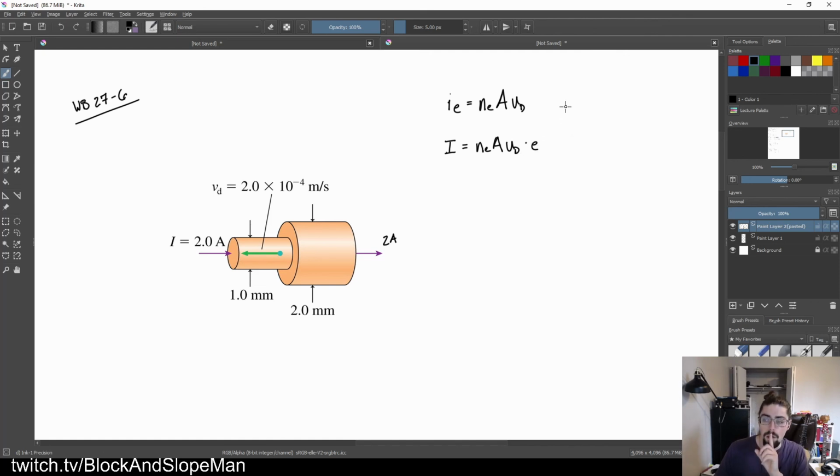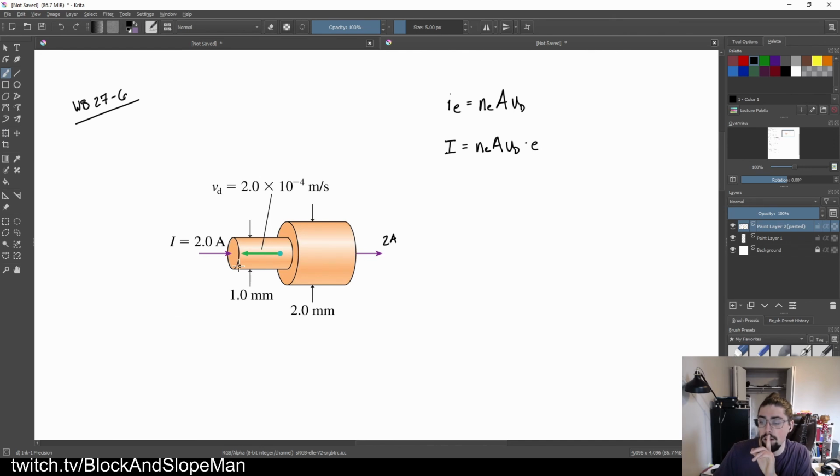Well, this would work for us, except I don't actually know what that quantity, the electron density, is for this material. And I could go through the first wire and find it, but you know what? I'm slick and I'm also lazy, and those two things together means I'm going to try and avoid doing as much work as possible. So let's do this instead.